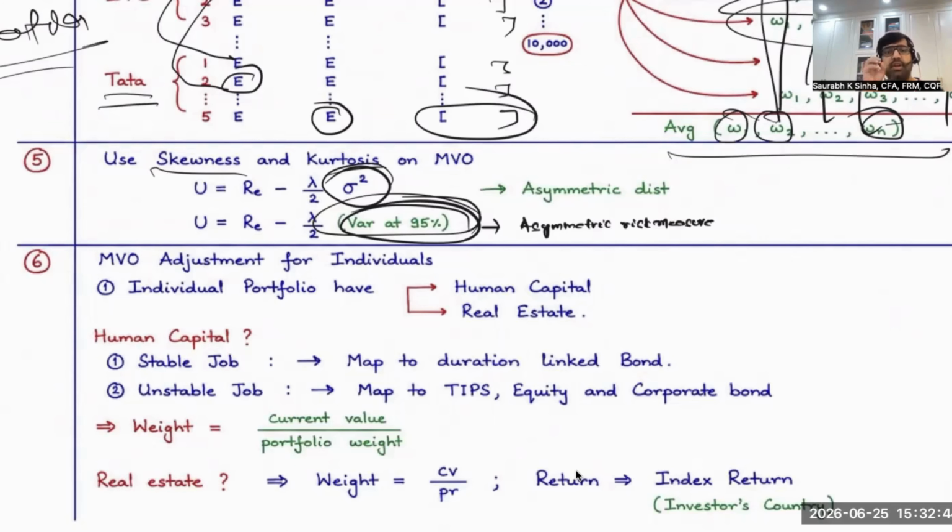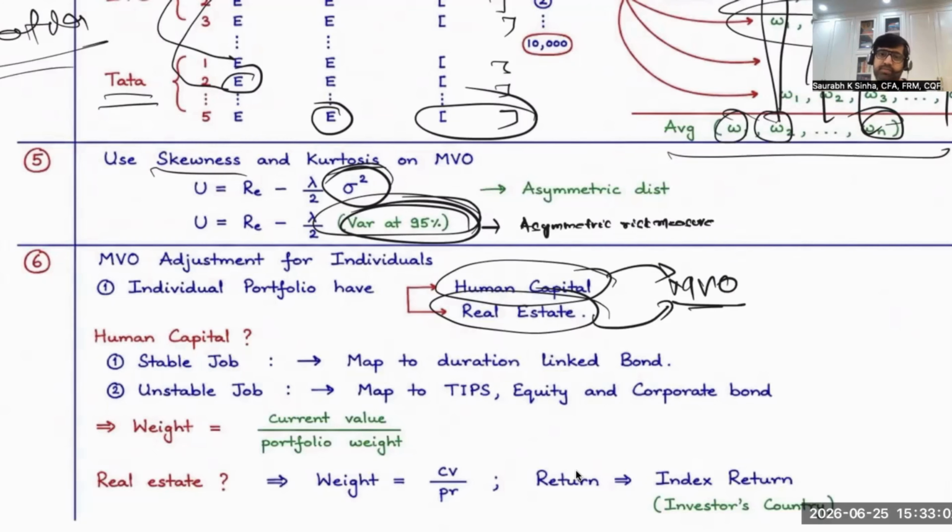The difference is individual portfolio behaves slightly different than institutional portfolio, because in individual portfolio you have human capital, you have real estate. So when you perform mean variance optimization, you have to respect human capital and real estate, because these are assets. What is human capital? In very simple terms, human capital is the present value of the income that you're going to generate.